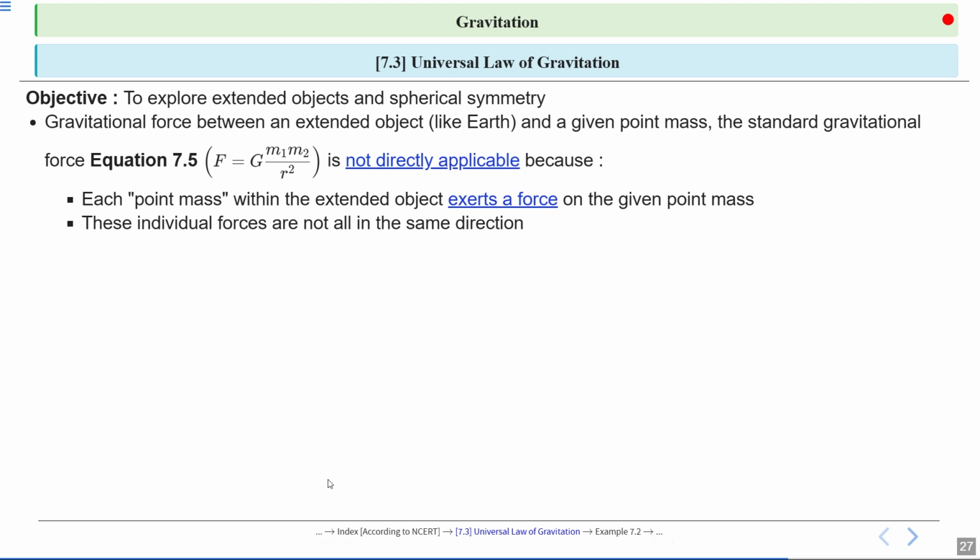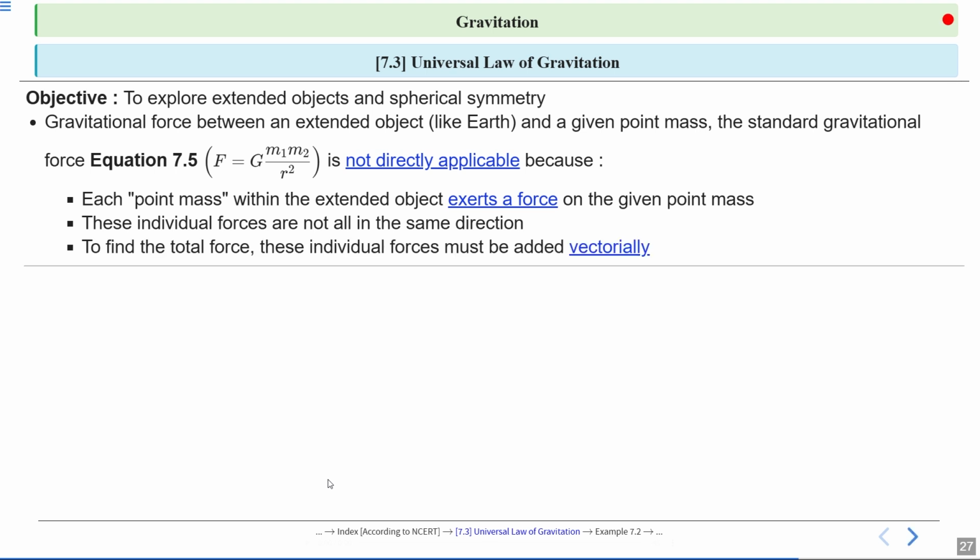Since these individual forces are not aligned, we can't just add them up directly. So we need to add them vectorially. This means considering both the magnitude and direction of each force to find the total gravitational force acting on the point mass. Hence, when dealing with extended objects, we must consider the vectorial addition of forces to determine the total gravitational force.